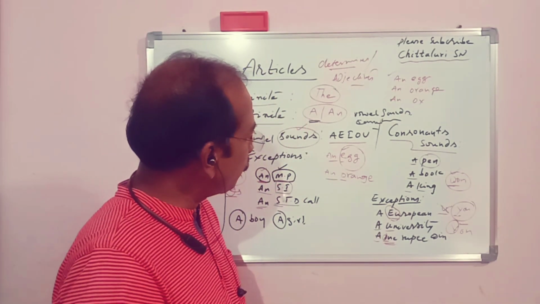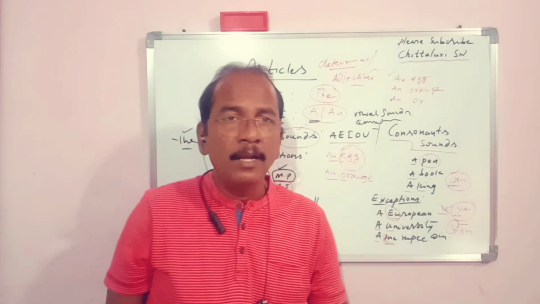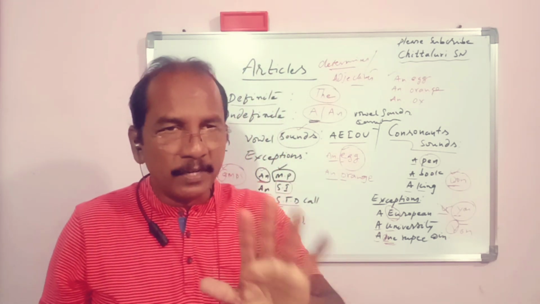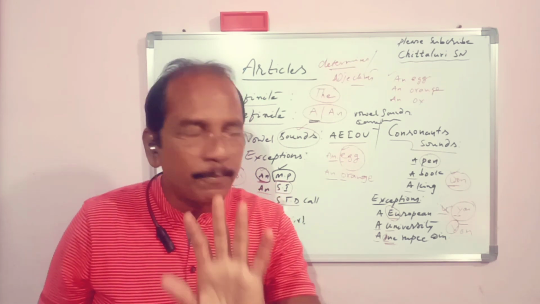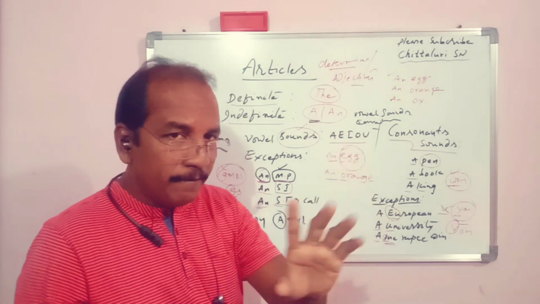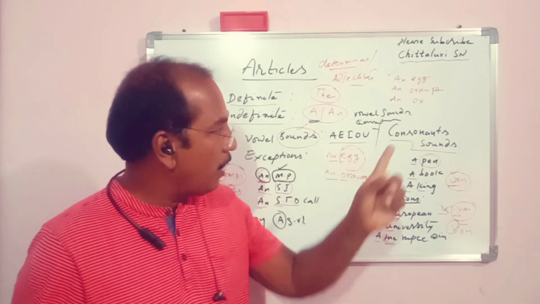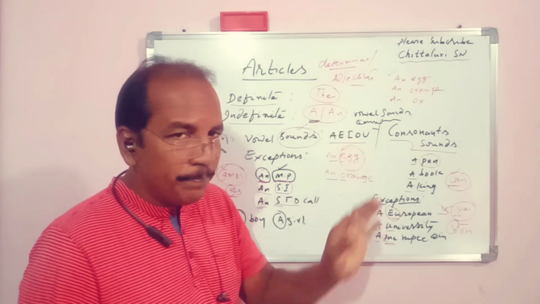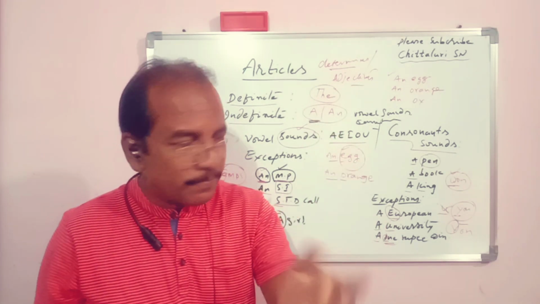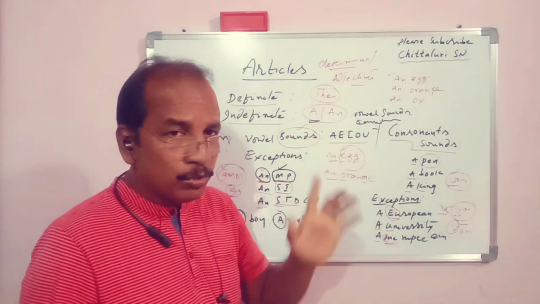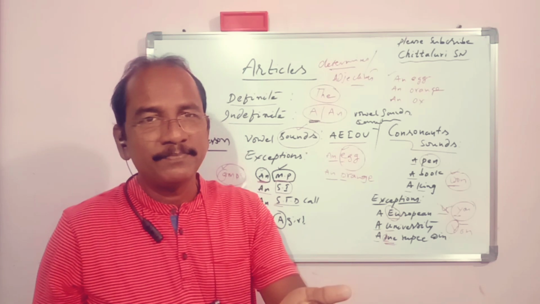Is it clear, friends? This is what you all should remember. This is very, very important. Most students often get confused in identifying where they are supposed to use A or an. They should keep this particular rule in mind: an is used before vowel sounds, and the article A is used before consonant sounds.